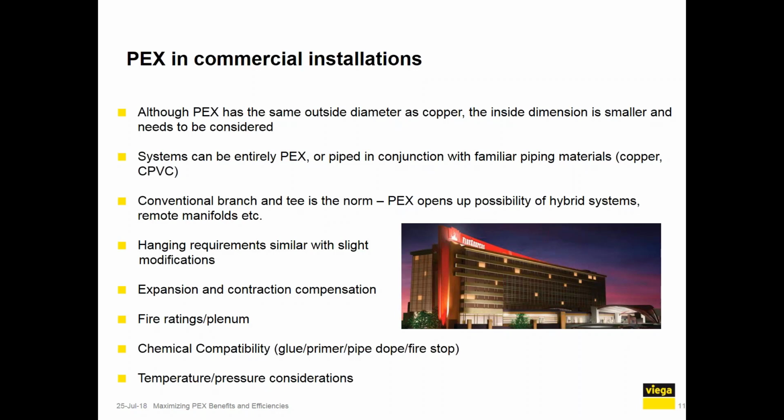Some of the aspects that come into play with commercial systems are considering the design characteristics because of a slightly smaller inside dimension, or considering how to install a hybrid system with those transition fittings that I mentioned. There are other aspects like fire ratings, hanging requirements, chemical compatibility, temperature and pressure as you get into these larger scale construction projects.